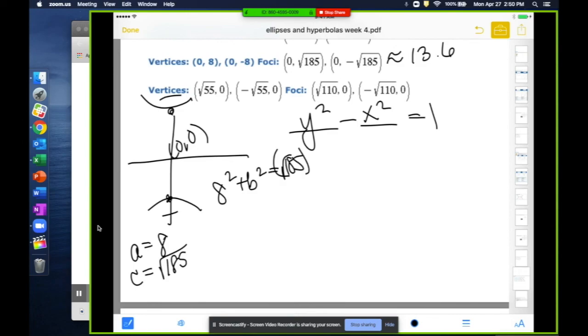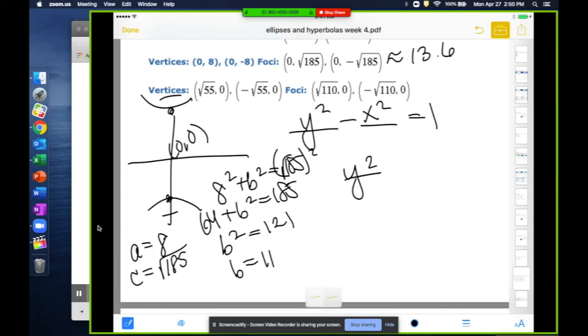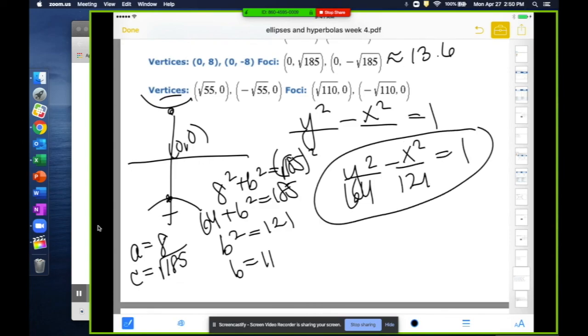That's going to be 64 plus b squared equals just 185, because the square root and the square will cancel. Subtract, I get b squared equals 121. And b is 11, but all I need is the b squared, which is 121. So I get y squared over 64 minus x squared over 121 equals 1, and that's my final answer.